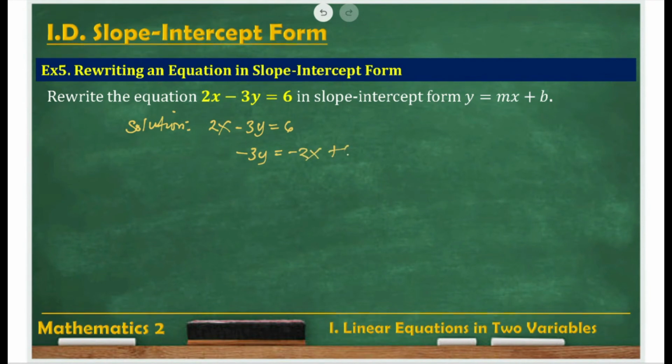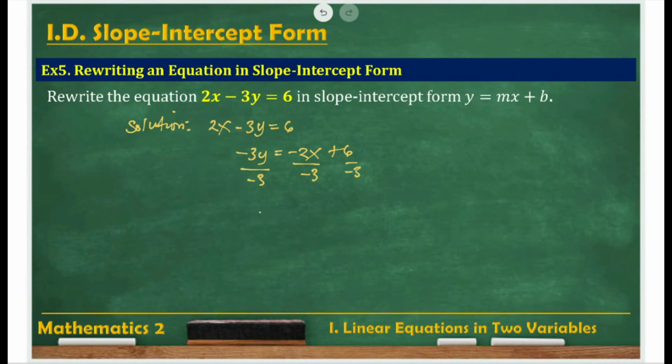For our solution, we can start by writing the given equation 2x minus 3y equals 6. Since we want to isolate y, we need to transpose 2x to the right side. So we will have -3y is equal to -2x plus 6. Our objective here is to get the form y equals mx plus b, so I write -2x before the constant +6. Then I don't want to see any multiplier in y other than 1. Since there's a -3 beside y, I will just divide both sides of the equation by -3, which is the same as dividing every term by -3.